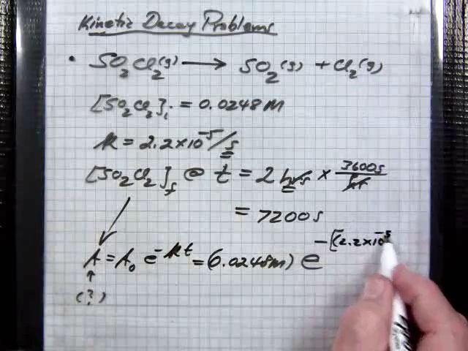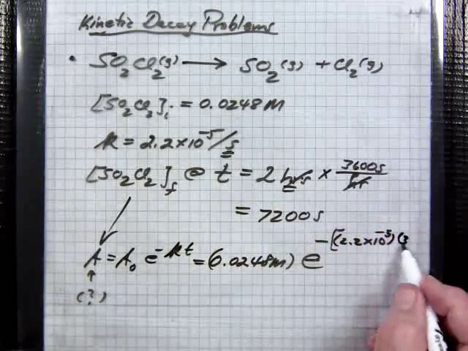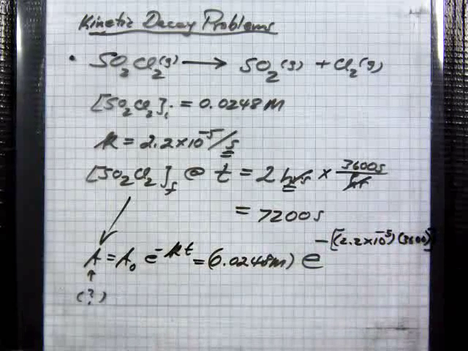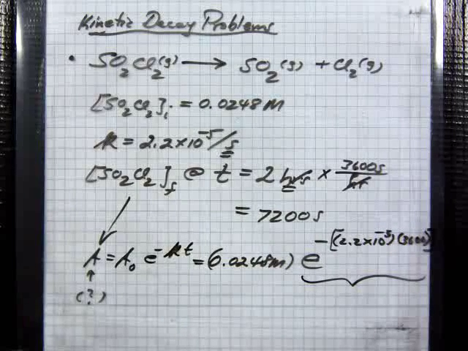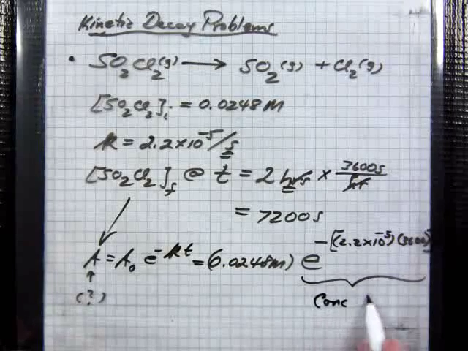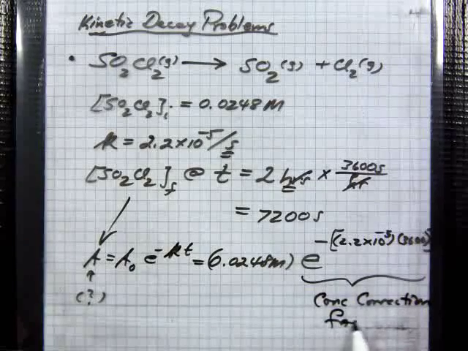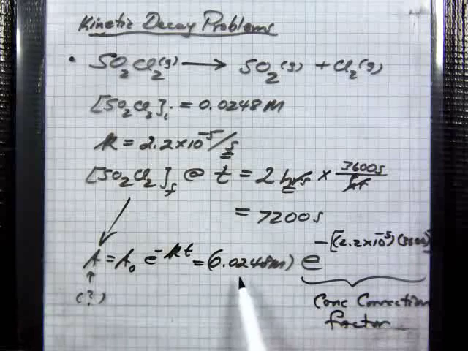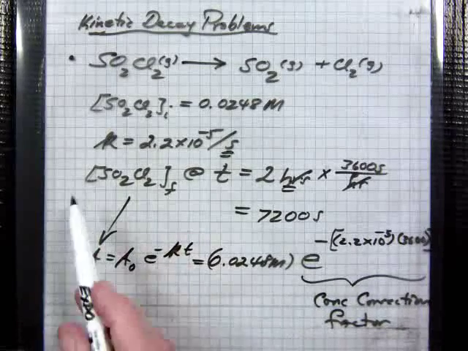Now seconds will cancel out because it's reciprocal seconds against seconds, times 3,600, and that bracket's like that. This is called the concentration correction factor. Because what it does is it reduces the initial concentration to whatever that concentration is on your decay curve.